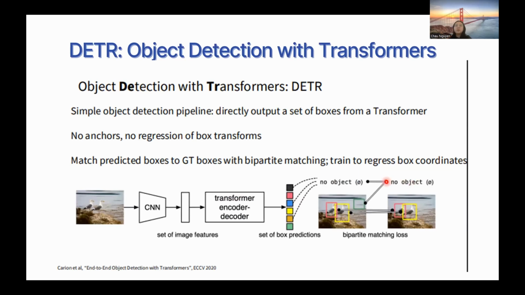But so far, what we see is mostly based on CNNs. Now I want to talk a little bit about DETR, which is also solving the object detection question, but using a transformer architecture.